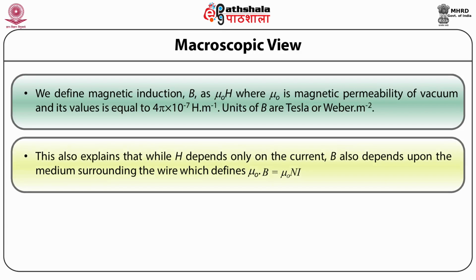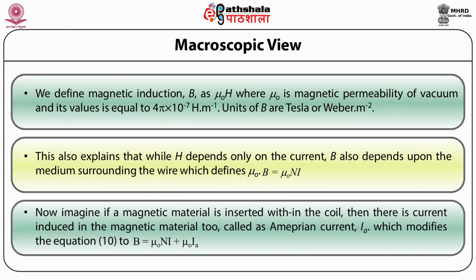This also explains that while H depends only on the current, B also depends upon the medium which is surrounding the wire, that is represented by mu naught. Now, rewriting equation B is equal to mu naught H yields B is equal to mu naught Ni.